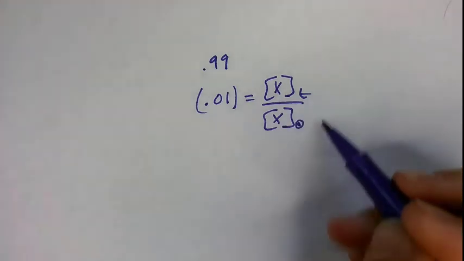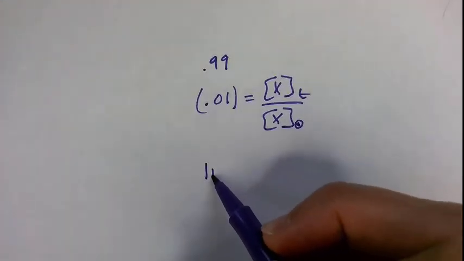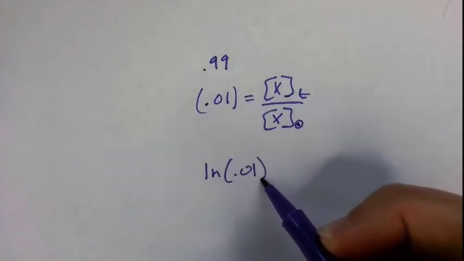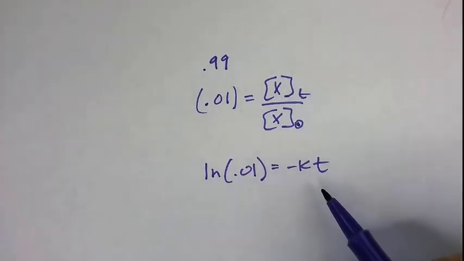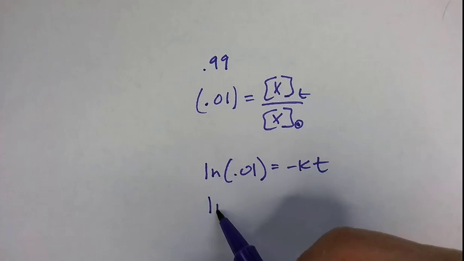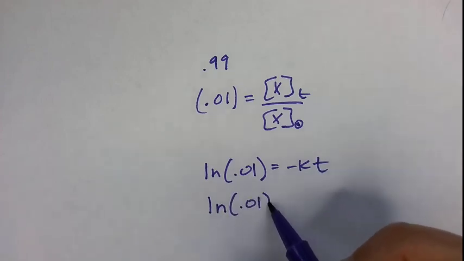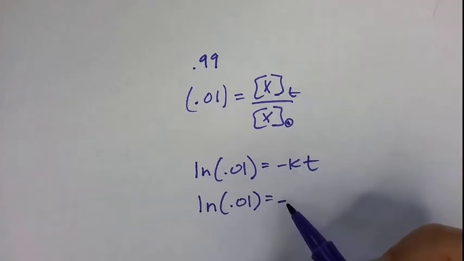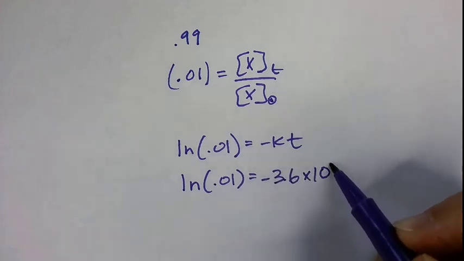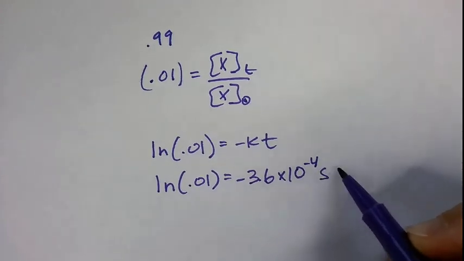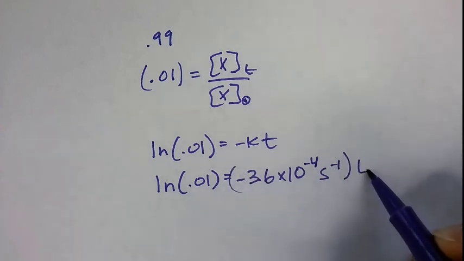So we can plug that in for the fraction and say the natural log of 0.01 is equal to negative KT. And we know K, so we can reduce even further. Natural log of 0.01 is equal to negative 3.6 times 10 to the negative fourth inverse seconds times time.